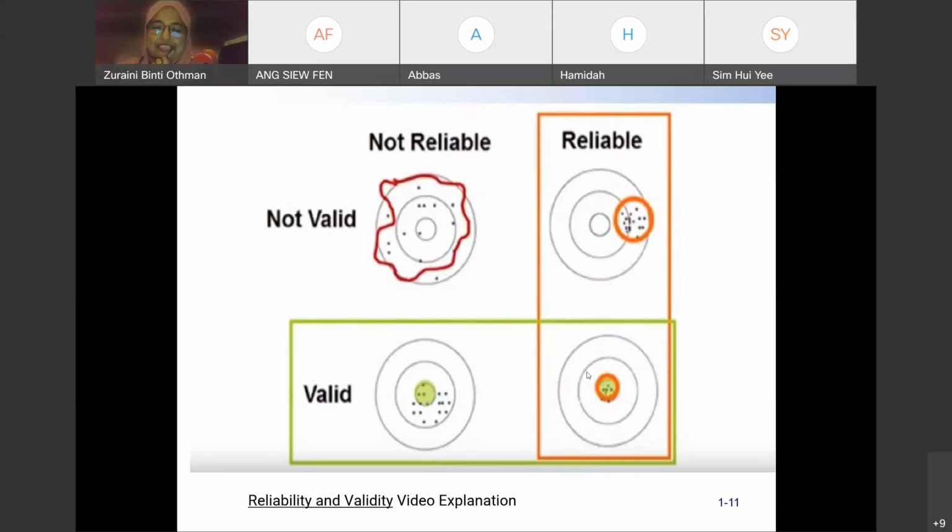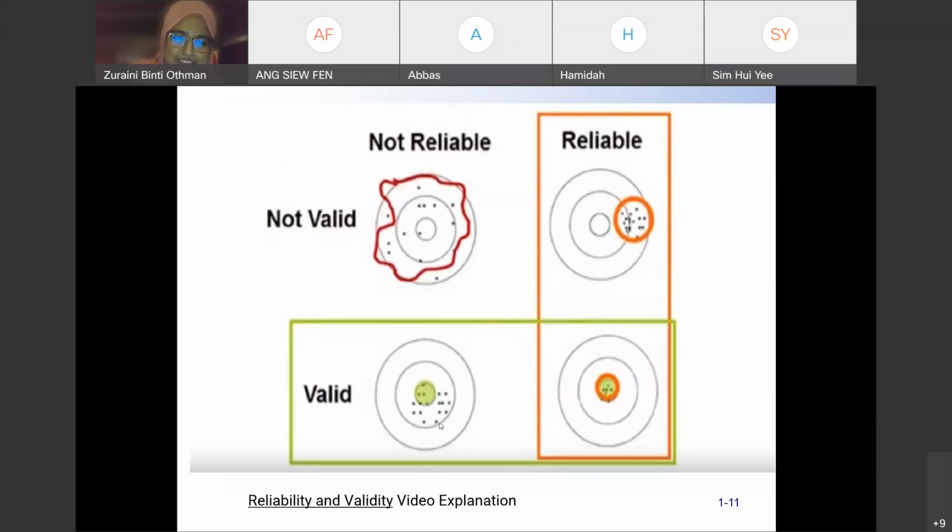And this is reliable and valid, which means the points are closer to one another and on the target. And this is valid but not reliable: it is close to the target, but the points are quite separate from one another, and the distance is far.